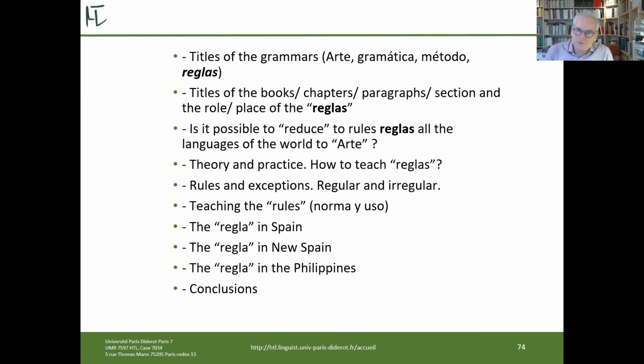They can be linked to prestige, the idea that a language has prestige only when it has rules, and if it does not have rules, it is a barbarous one. And the other approach was more linked to the practice, and rules were not for the practice but for the theory. But then the authors started to develop their own rules for the spoken varieties, for the usage or the pragmatic level of the language, and of course the meaning.